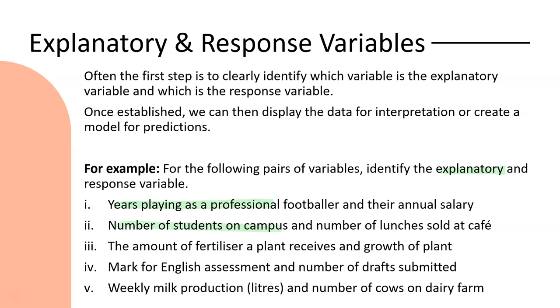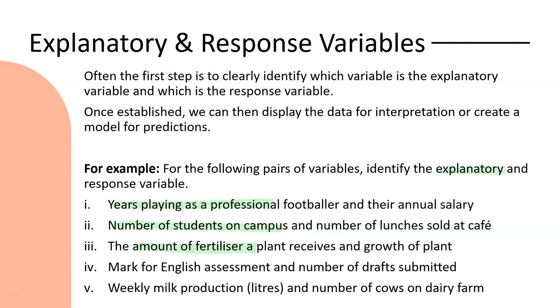In the third example, the amount of fertiliser a plant receives and the growth of the plant. Is the growth of a plant impacted by the amount of fertiliser it receives? Therefore, the growth is a response to the amount of fertiliser, and fertiliser is our explanatory variable. In the fourth example, the mark for your English assessment and the number of drafts submitted.